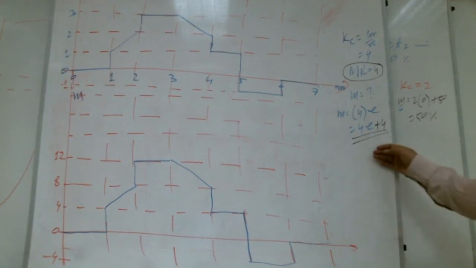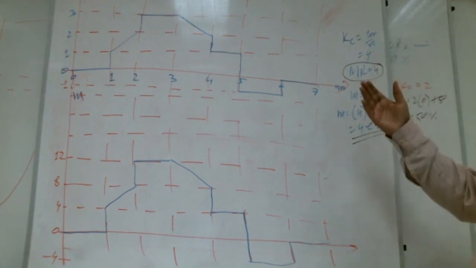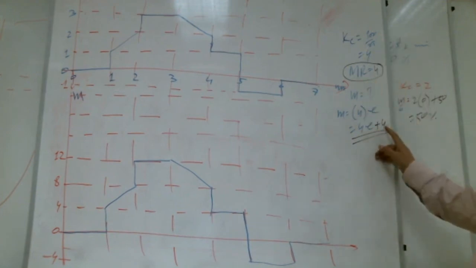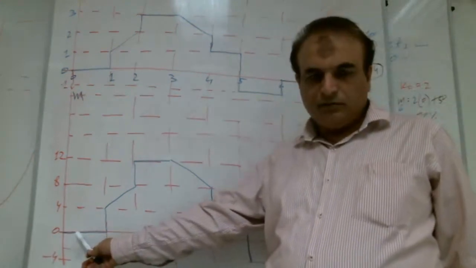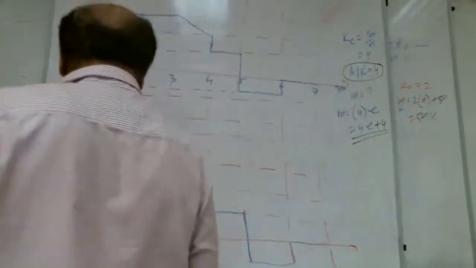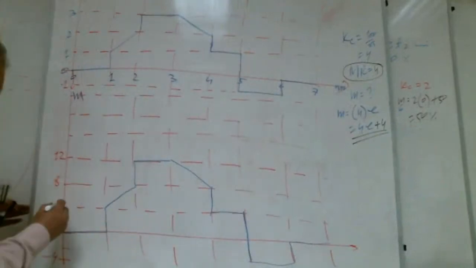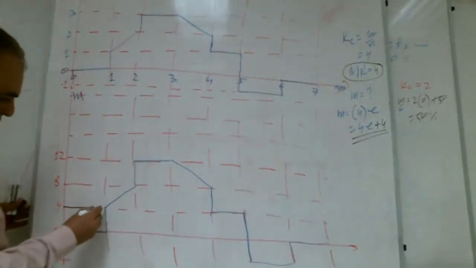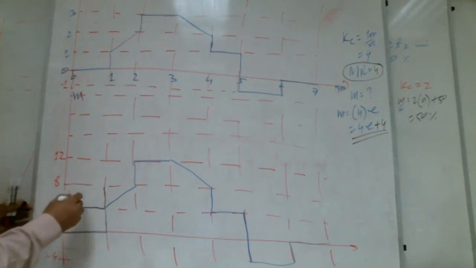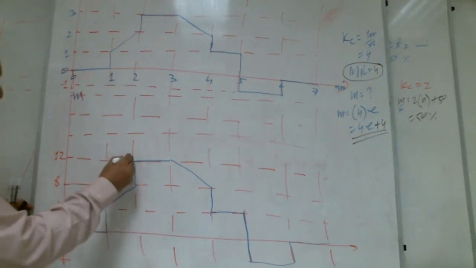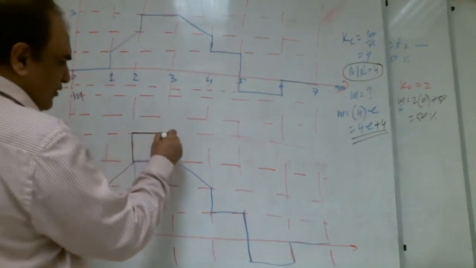Now shift the graph by 4. Add 4e plus 4. So this 0 will be what now? 4. Now I am doing it with the black pen. It will be 4, add 4. Here it is already 4, it will add 4 more. It will go like this. 12, 4 everywhere, add the 4.